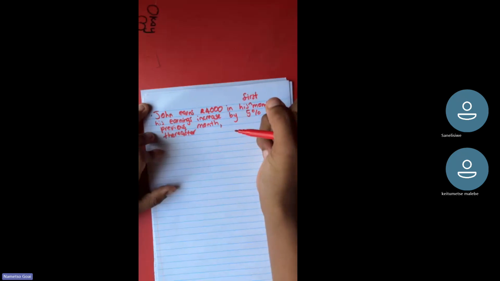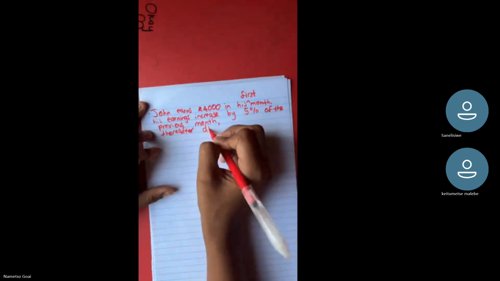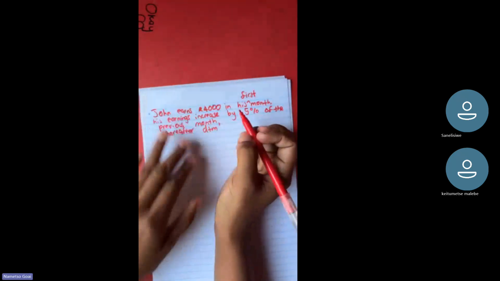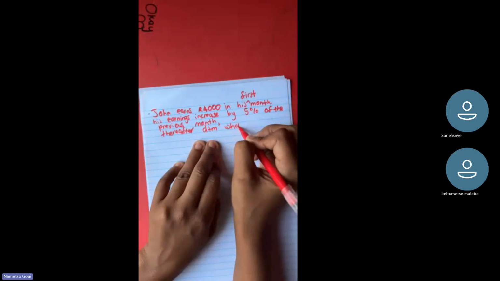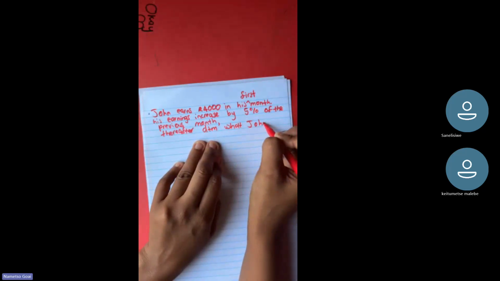Determine what John will earn by month 10. DTM, remember, DTM just stands for determine what John will earn by month 10.